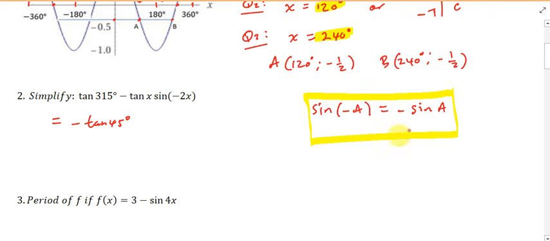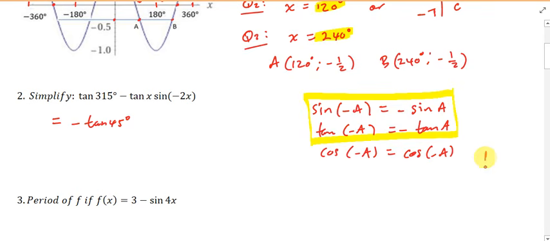That's the reason why sine is negative and tan is negative in the fourth quadrant, and cos of a negative angle is the only one that's positive, because these are all in the fourth quadrant. Why is it in the fourth quadrant?